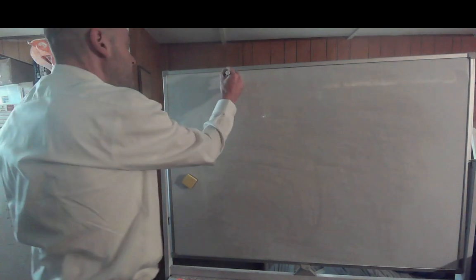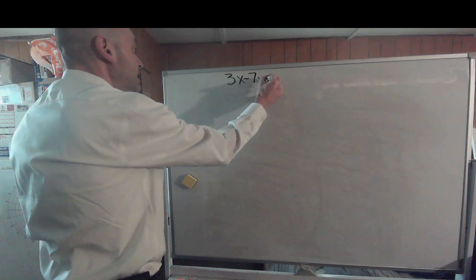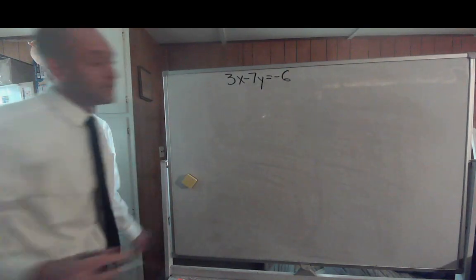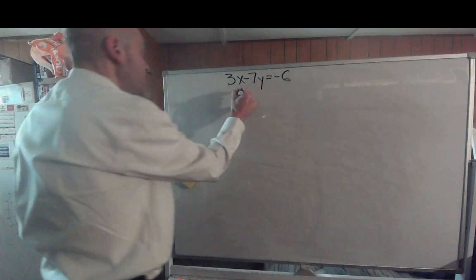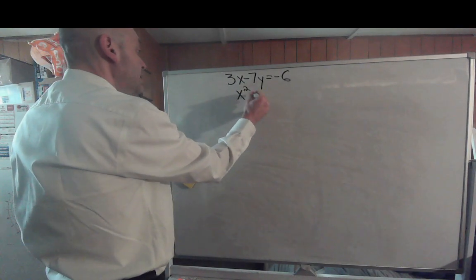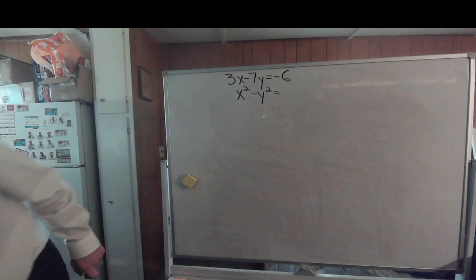So we have 3x minus 7y equals negative 6. Oh, that's going to be fun. Then we have x squared minus y squared is equal to 4.